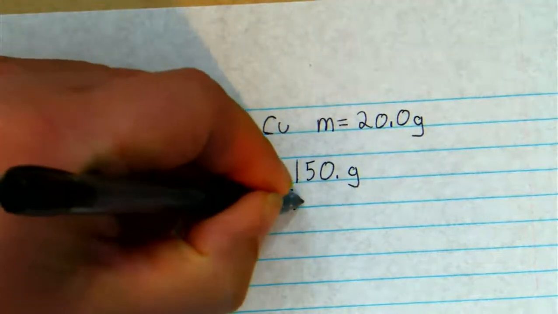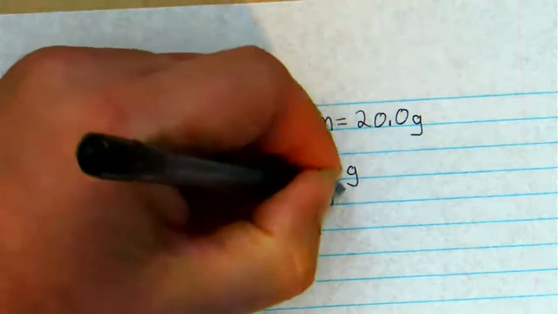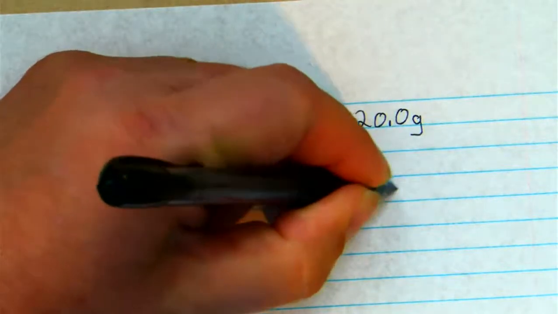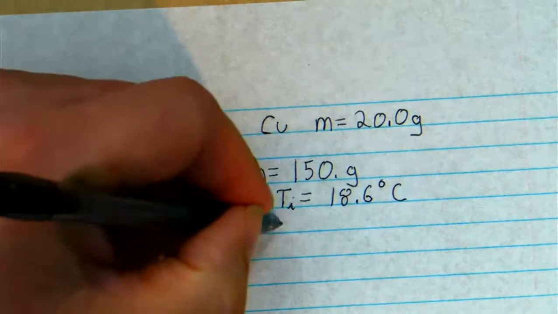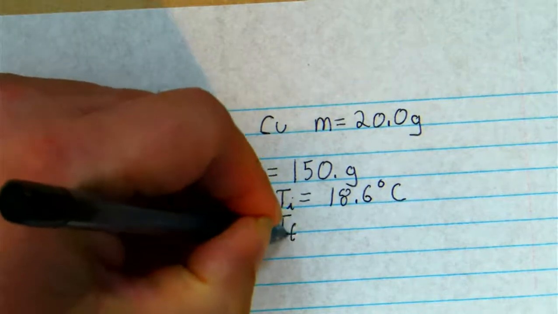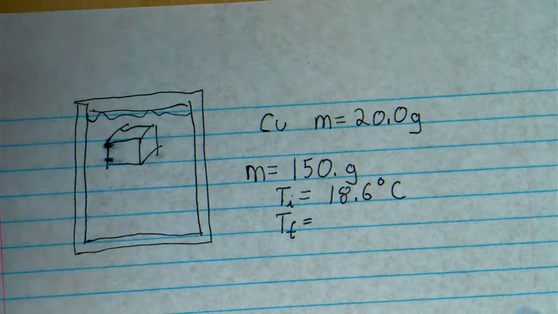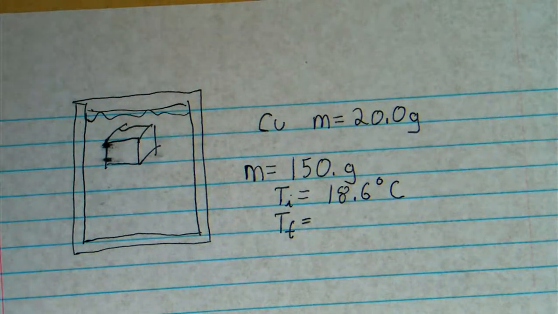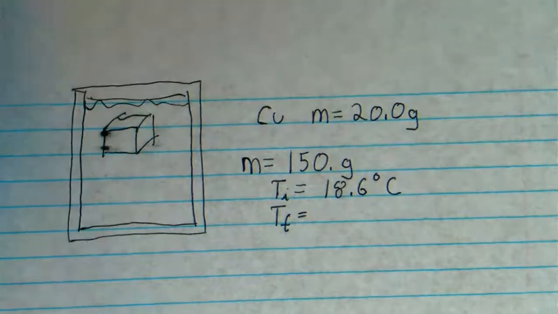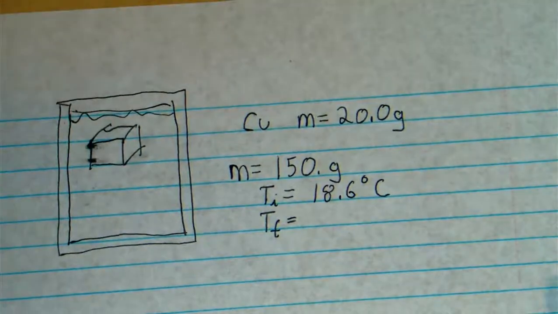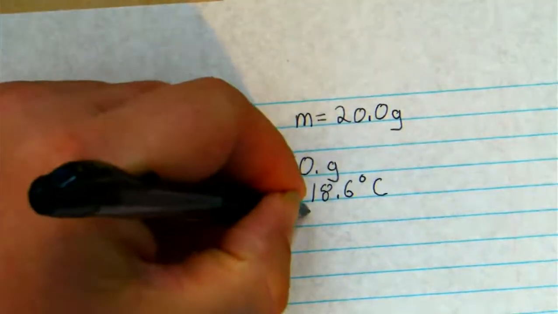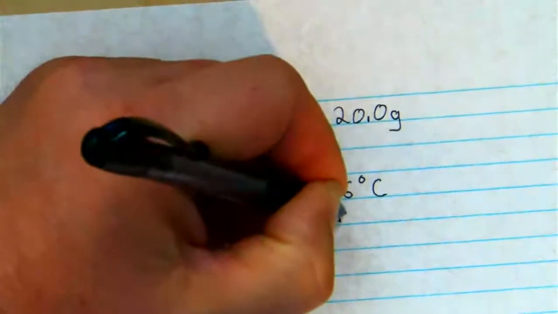with an initial temperature like 18.6 degrees Celsius. After the hot brass is dropped into this water, the final temperature might go up to something like 23, shall we say, 23.1 degrees Celsius.